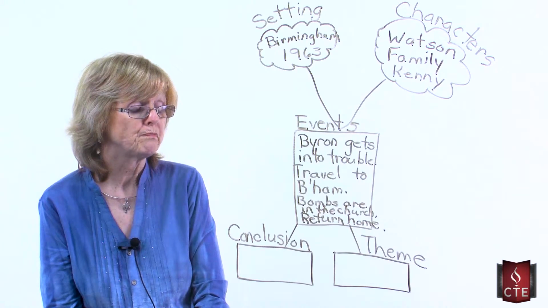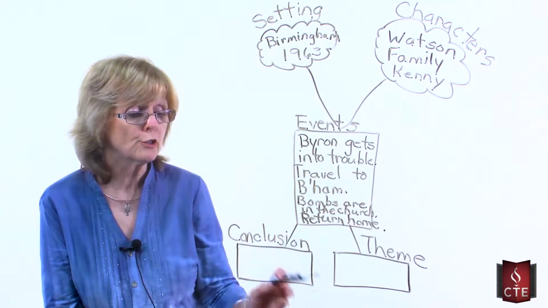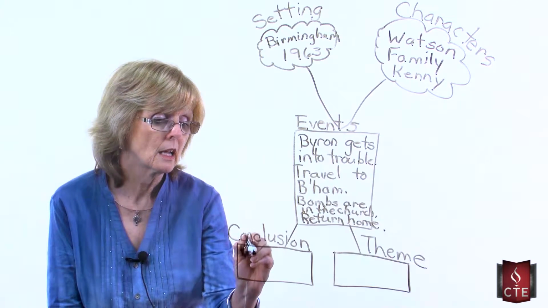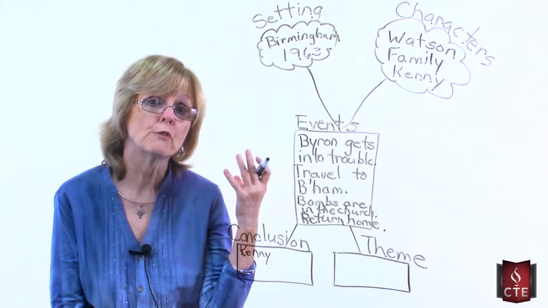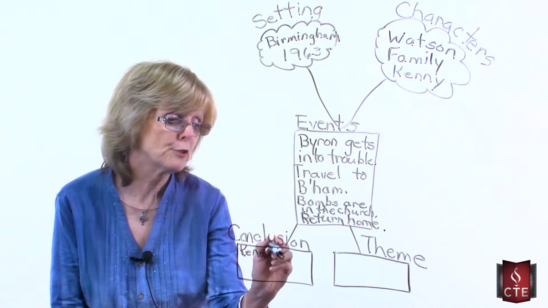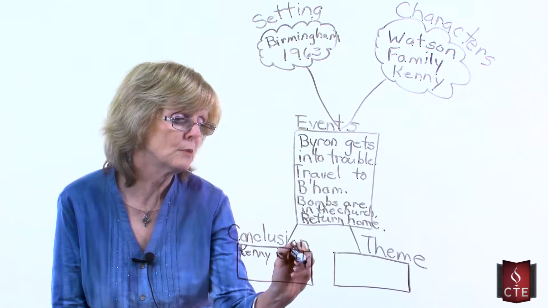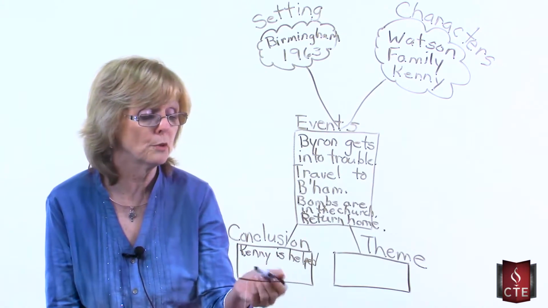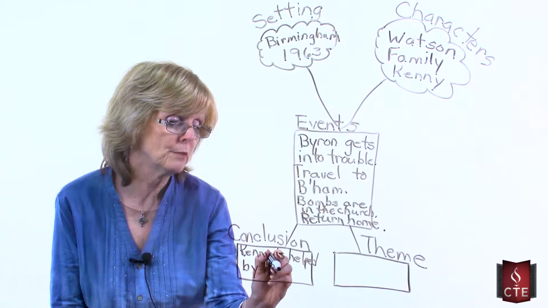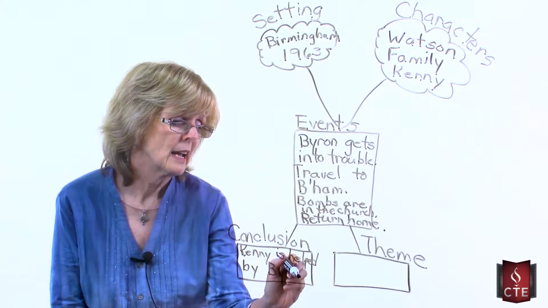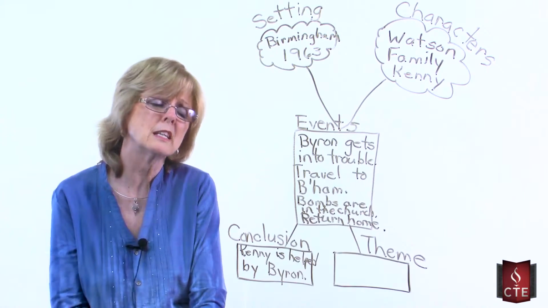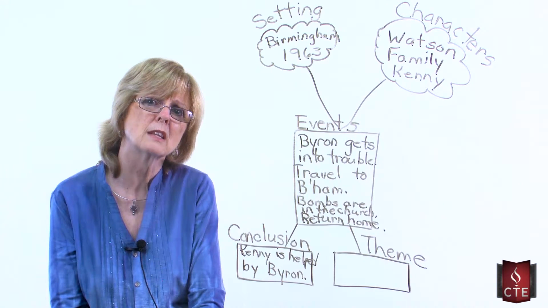The conclusion of the story takes place when Kenny is able to overcome being traumatized by his brother, the brother that had persecuted him seemingly at the beginning of the book, Byron. So Kenny is helped by Byron. And then you would ask the students, what was the author trying to say through this?